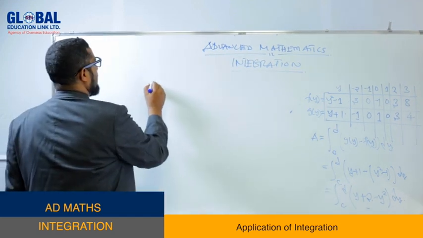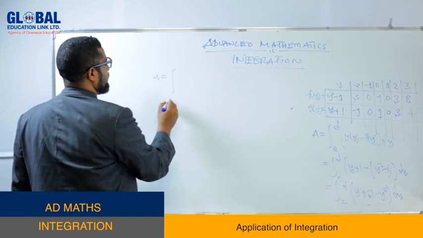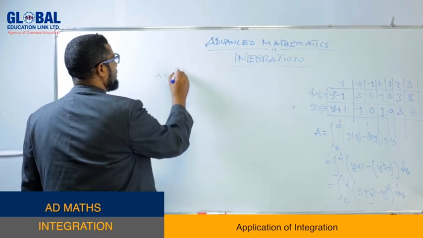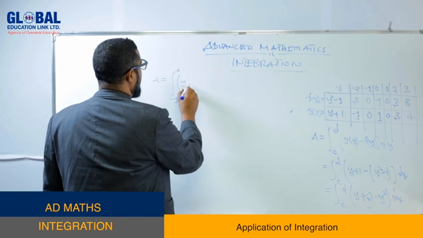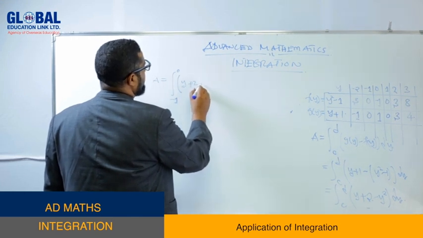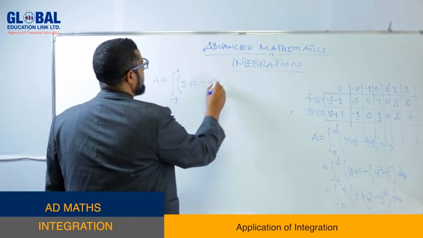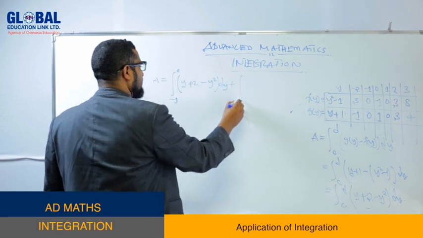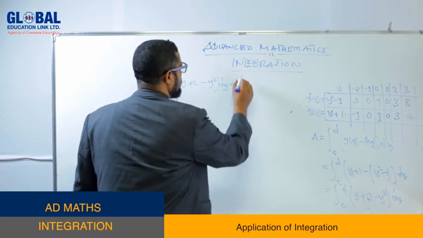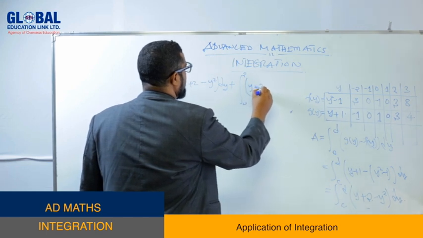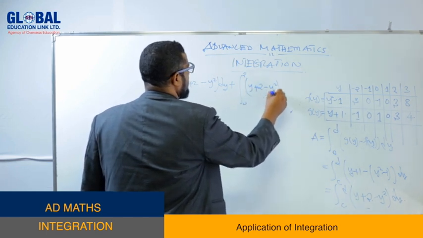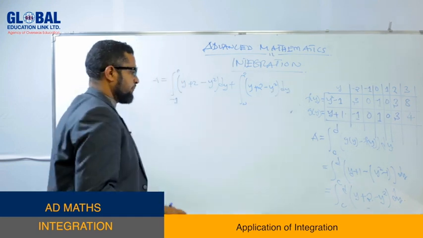So the area will be equal to the integral from negative 1 to 0 of our function y plus 2 minus y squared dy, then from 0 to positive 2 of the function y plus 2 minus y squared dy.